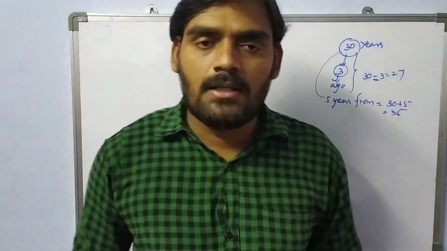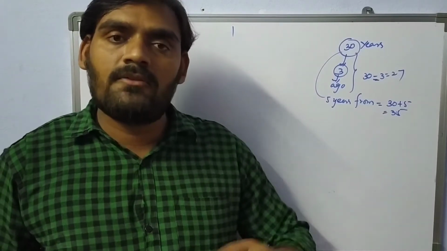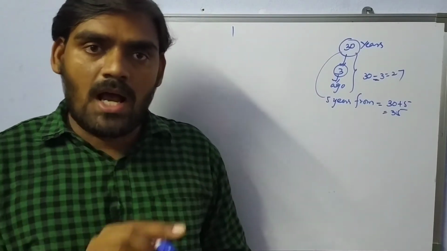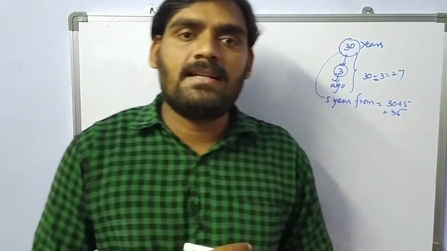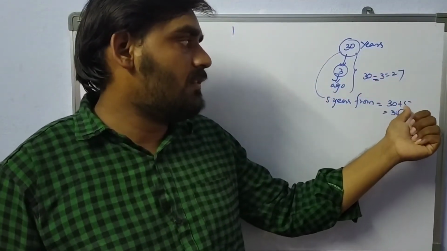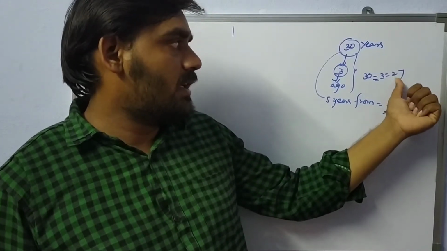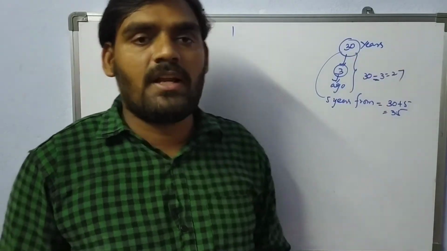From now means we need to add to the present age. So this is 3 years ago, this is 5 years from now: his age would be 27 and 35 when the present age of Rahman is 30.